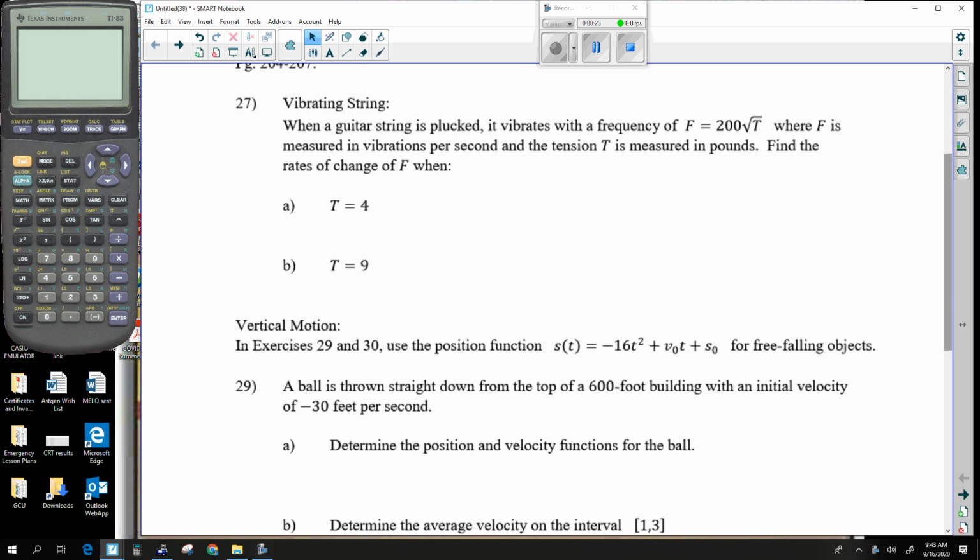All right, so a guitar string is plucked and it vibrates with a frequency of that, where F is measured in vibrations per second, and tension, capital T, is measured in pounds. Find the rates of change of F when T is equal to 4. So rate of change is just the derivative.